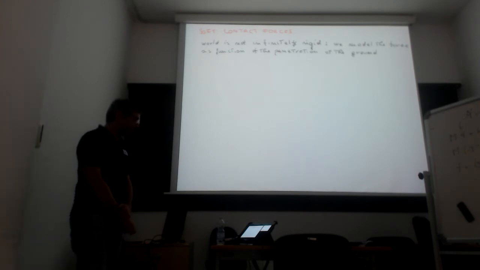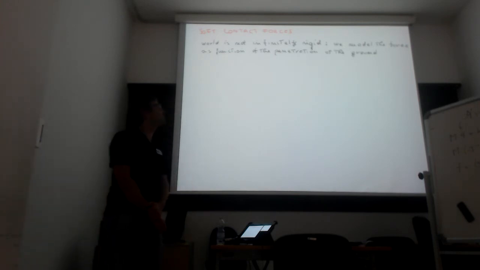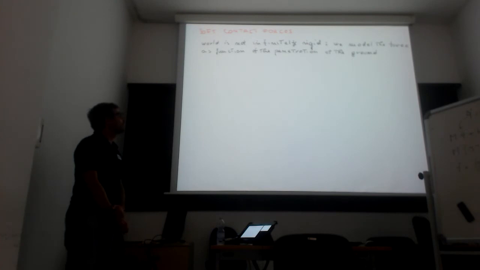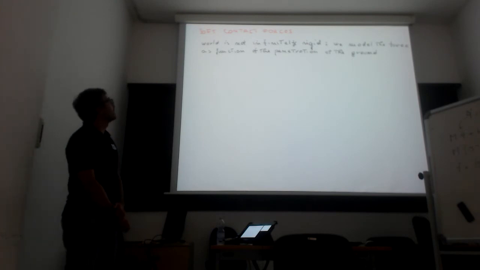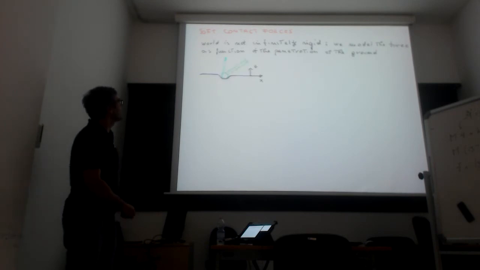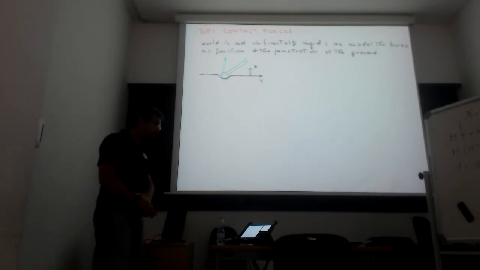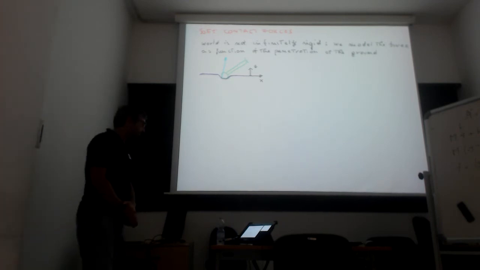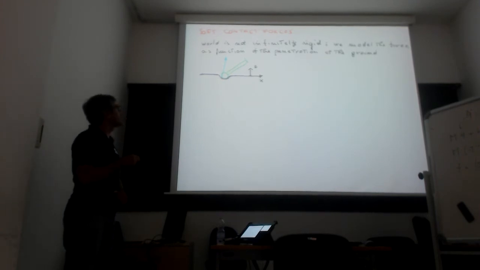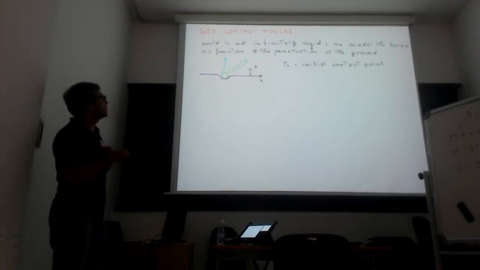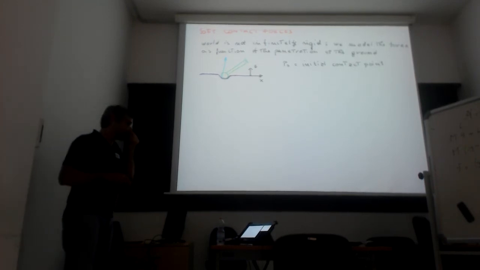The other way of modeling contact in robotics is using a soft contact model. Sorry, soft contact model, not forces. This means assuming that the robot is not infinitely rigid, but there is a certain compliance, and this compliance makes the contact forces appear, dependent on the penetration of the end effector in the environment.